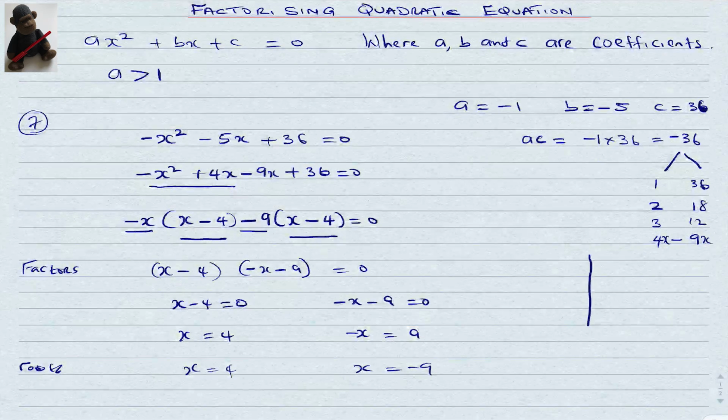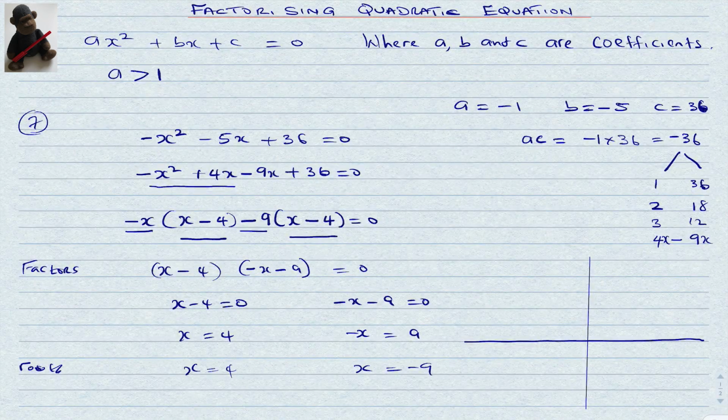So if we sketch this curve quickly, this is what we call sketching quickly. We're looking for x equals minus 9, so it's somewhere here, and x equals 4. Crossing at plus 36, somewhere up here. Now this curve is upside down because the value of a is minus 1, it's negative. So it's an upside down curve.